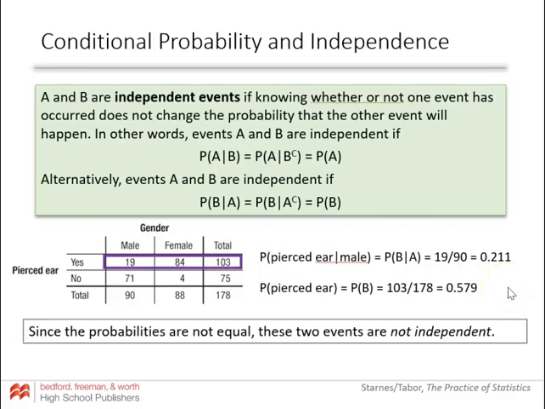Because those two probabilities are not equal, these two events, having a pierced ear and being male, are not independent. When we know that someone is male, it lowers the probability that they have a pierced ear. So these events are not independent.